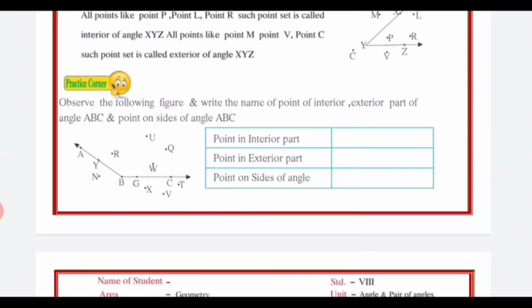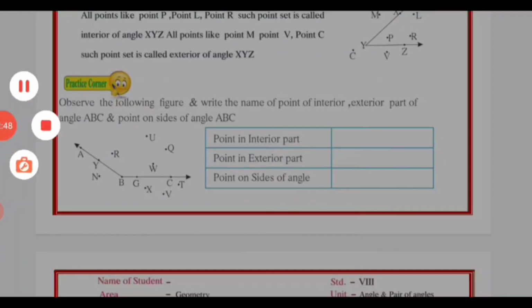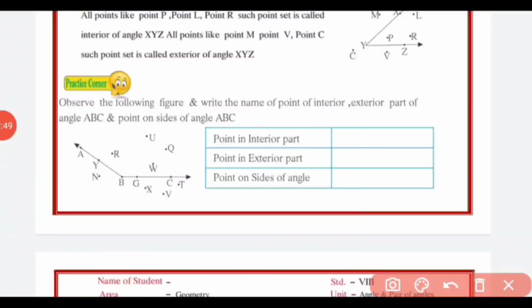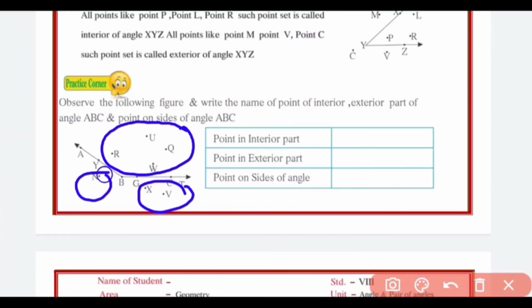If you observe carefully, all these points are in the interior of the angle. All the points which are outside are the exterior, and on these sides a few points are there, so we have to write their names. Let us write in our notebook.